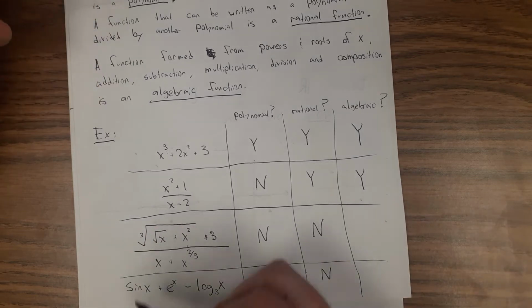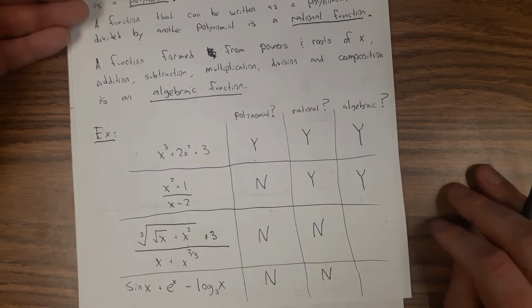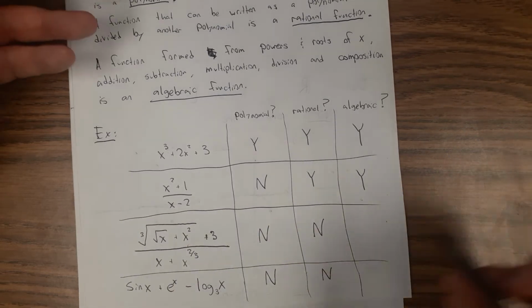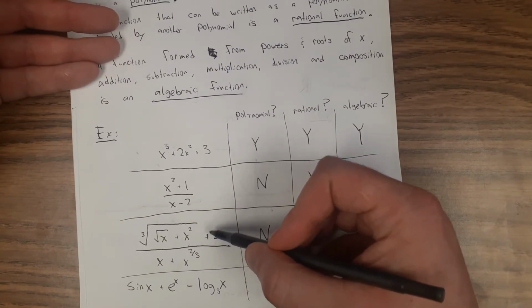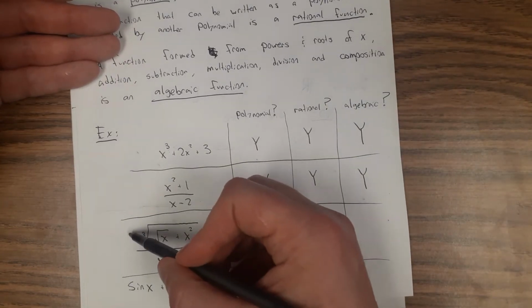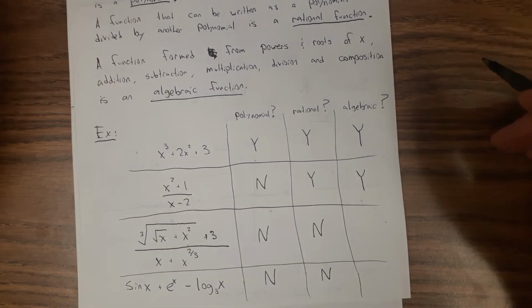I'm allowed to compose the cube root function with the algebraic function that you see underneath. If I wanted to, you see this plus 3 here on the outside, I could put a 7th root over the whole thing, stuff like that. And it would still be algebraic.